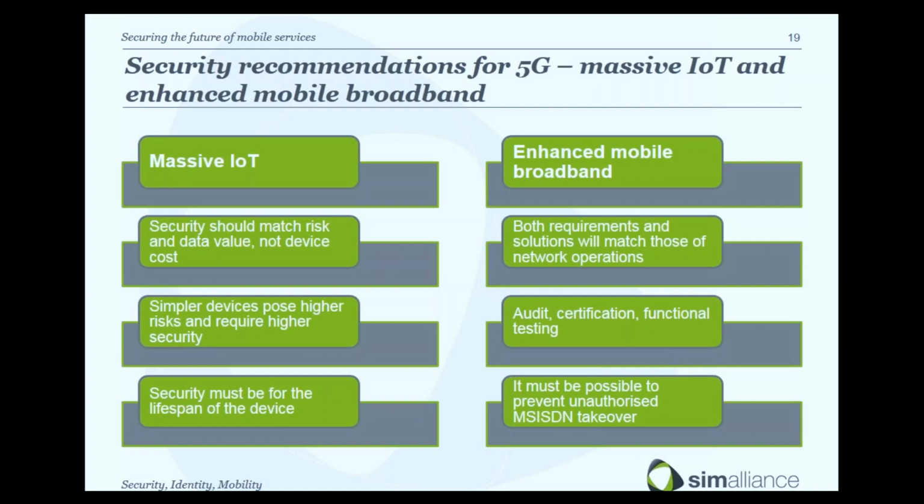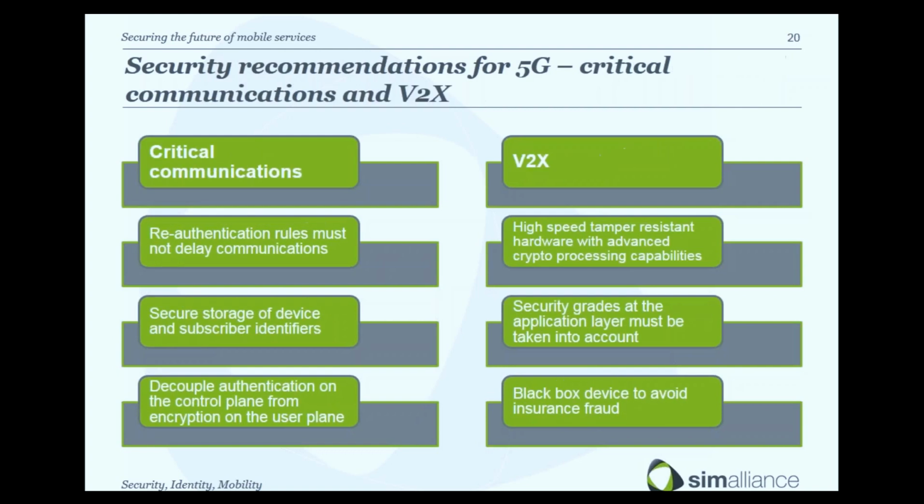There must be a secure process, which could be proprietary to the MNO, to prevent one user from taking over the phone number, meaning the MSISDN, of another user without their consent. In both of these segments, security must be appropriate to the value of the data and the nature of the use case, and as a result, the service provider will choose the mechanism most suitable to their needs.